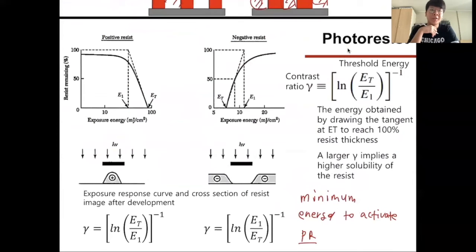There are very important factors in the photoresist. The threshold energy means the minimum energy to activate the photoresist.